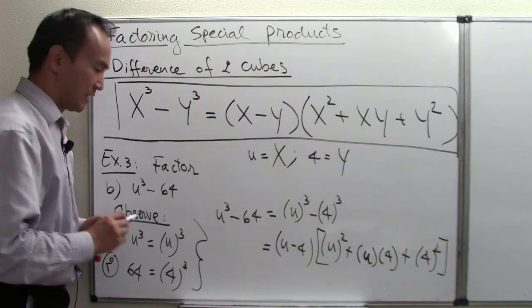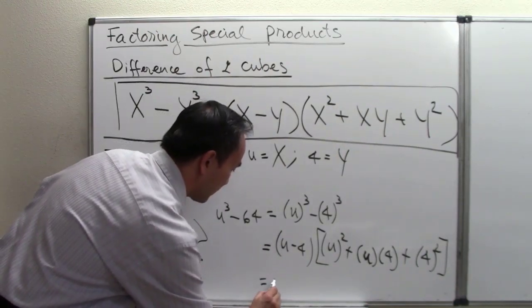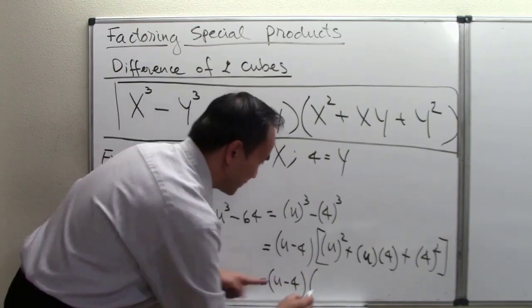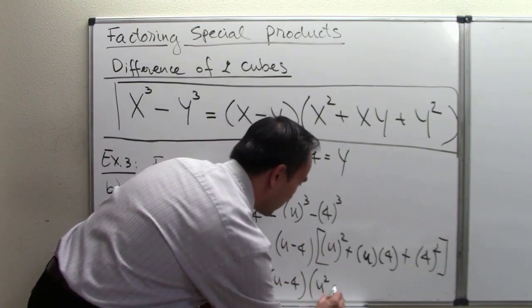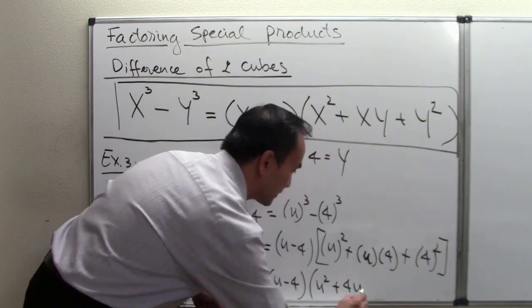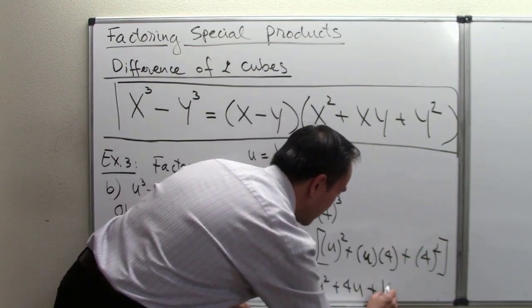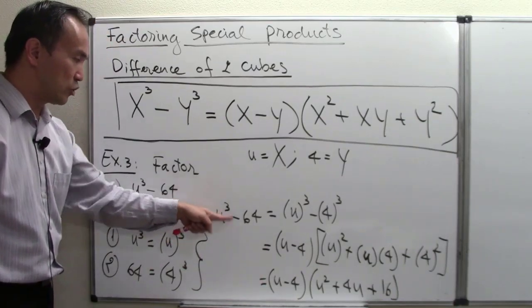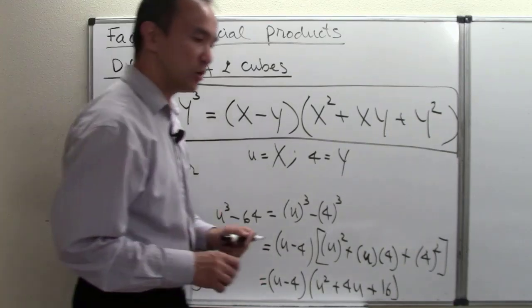All right, and so now at this point right here we can have u minus 4 in parentheses times u squared plus 4u plus 4 squared, which is 16. And that is our factored form for this u cubed minus 64, as a final conclusion.